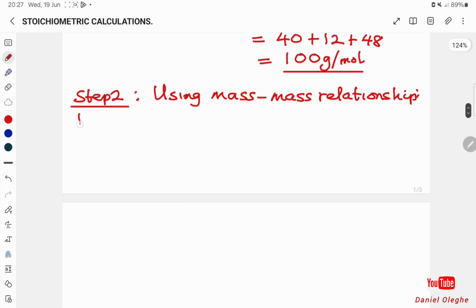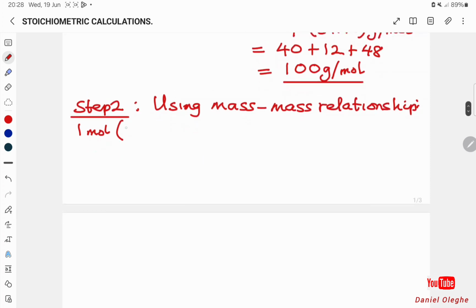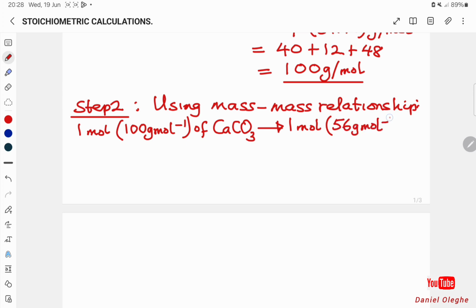So you have 1 mole multiplied by 100 gram per mole of the calcium carbonate. To produce, you do the same here, convert the mole to mass by multiplying the mole according to the equation by the molar mass, 56 gram per mole of the calcium oxide.